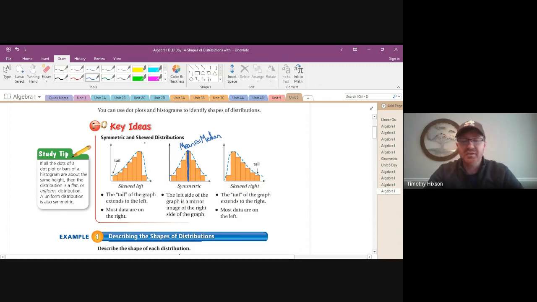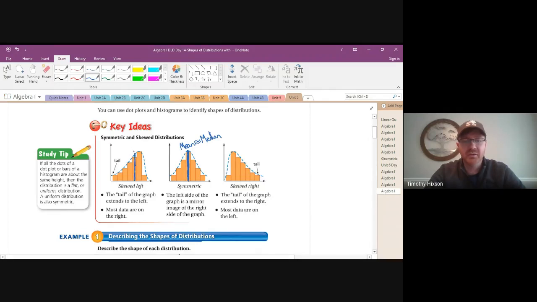When we're talking about something being skewed, remember we're talking about the mean being pulled to one side or the other. So when we're talking about skewed left, the median might be somewhere around here, or maybe even something like this.